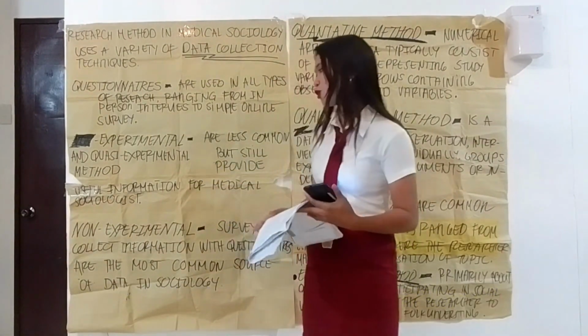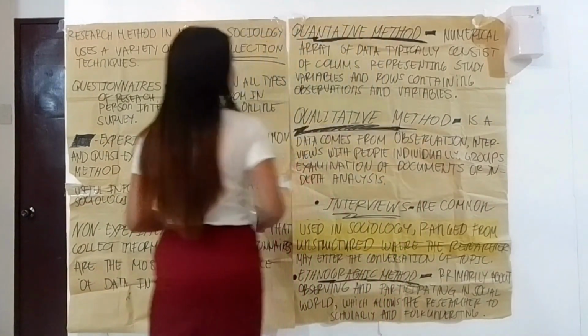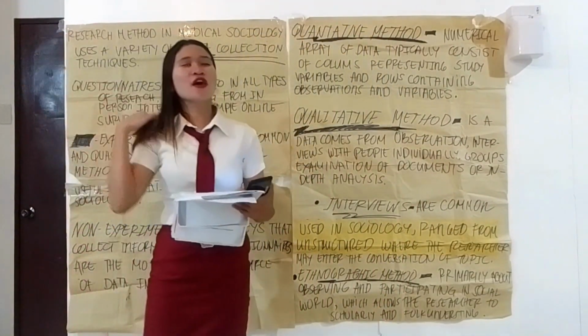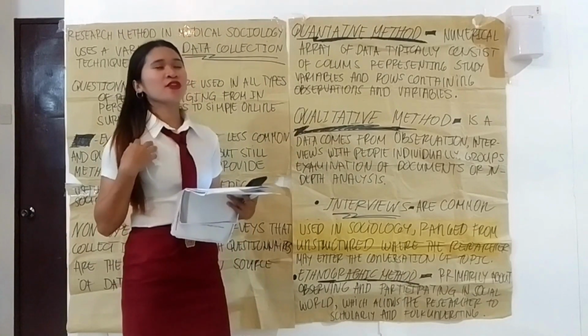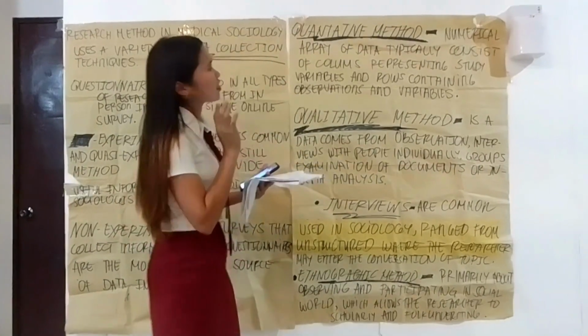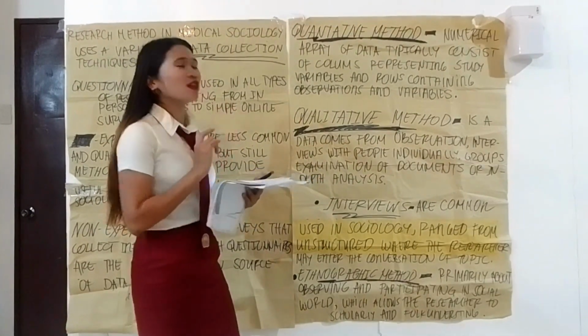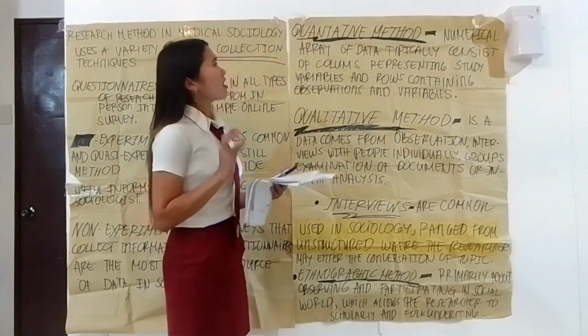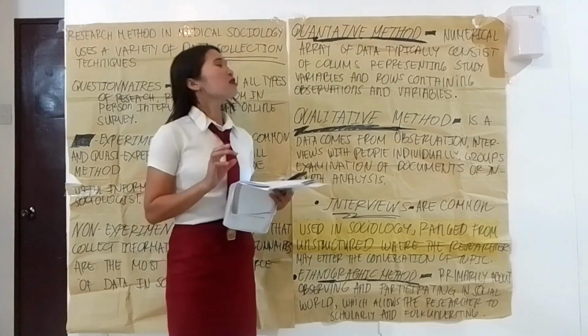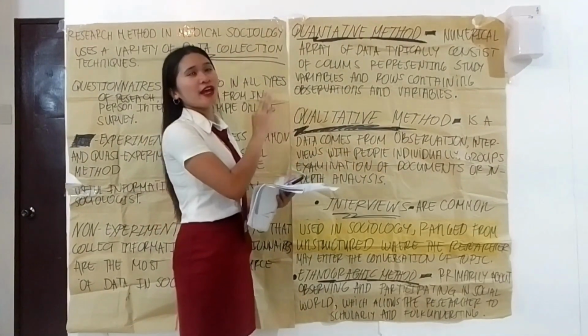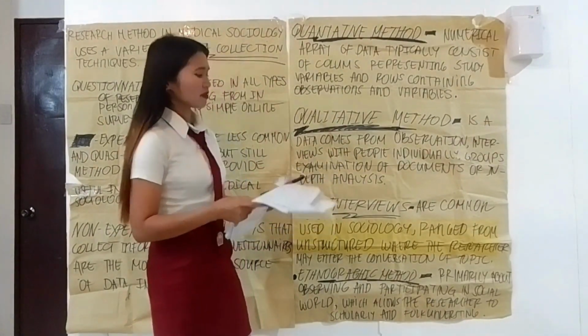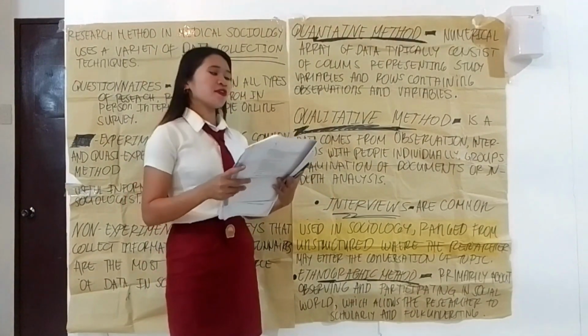Let's proceed to the quantitative method. What is the quantitative method? Quantitative data is a numerical array of data, typically consisting of columns representing study variables and rows containing observations.